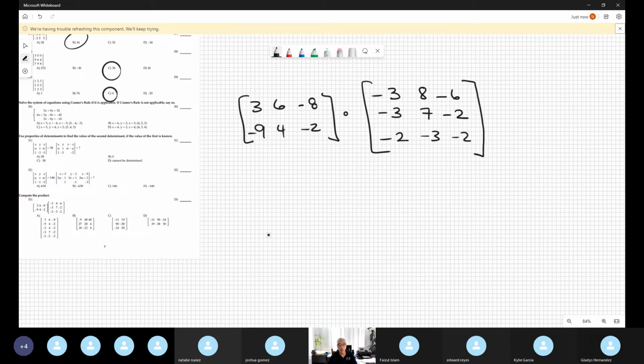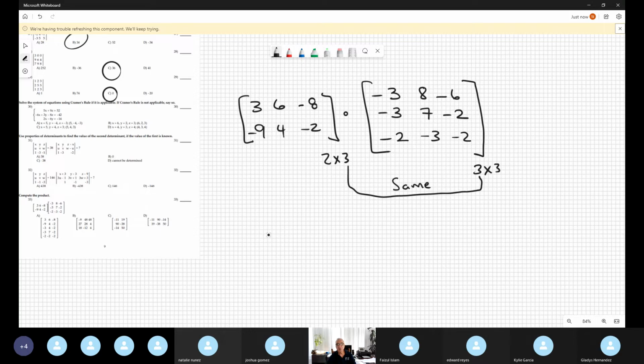Okay, first of all, we analyze the dimensions, because you know that if the dimensions don't match, the multiplication is impossible, totally undefined. The dimension of the first matrix is 2 by 3, 2 rows, 3 columns. And the dimension of the second matrix is a square, 3 by 3. Therefore, this number and this number are the same, matching.